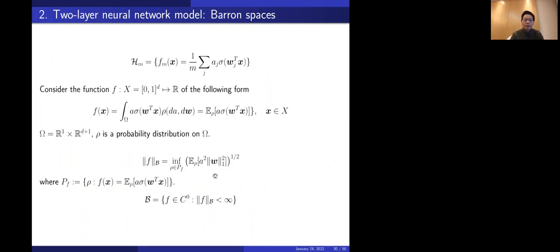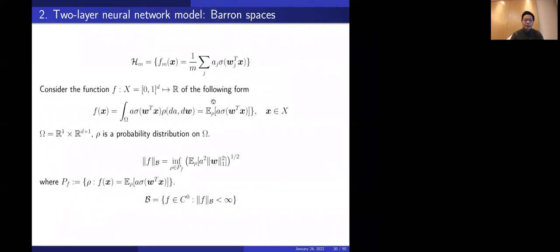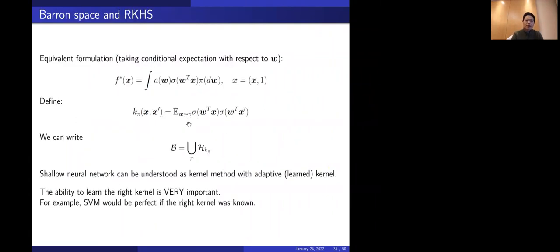Now, let's make a comparison. How is this space related to the reproducing kernel Hilbert space? This was what we had before, and there pi was a fixed probability distribution. And this is very much like that, except now rho also changes. It's not fixed. So symbolically, one can write Barron space as the union of all reproducing kernel Hilbert spaces, the union over all probability distributions pi.